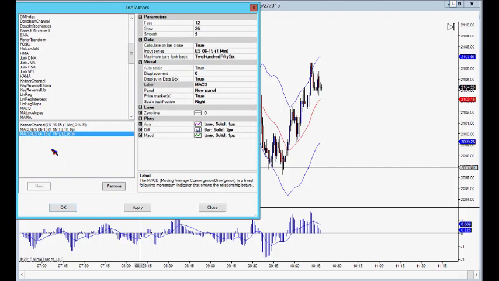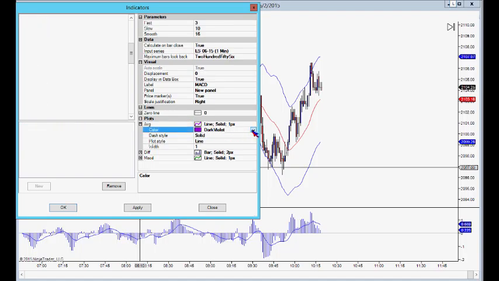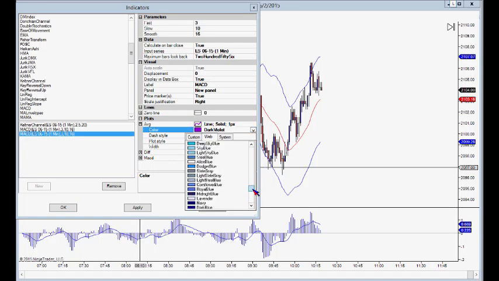MACD, new. You can do it all over again. 3, 10, 16. Down here, the average color, you're going to make that blue also.